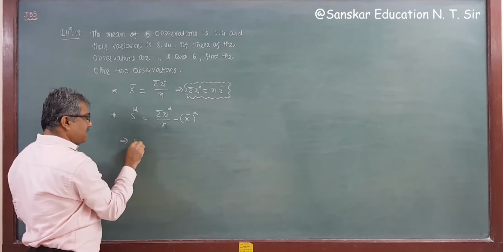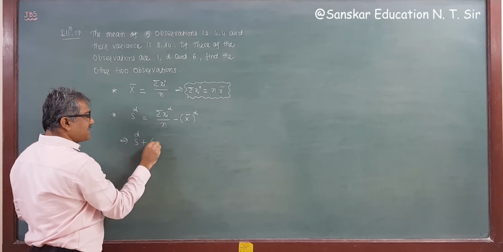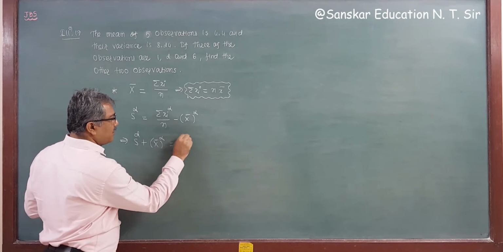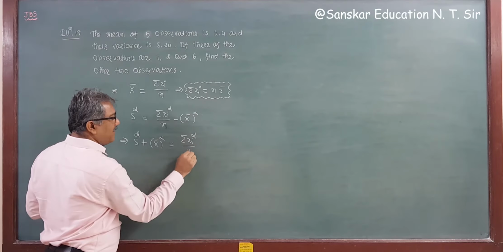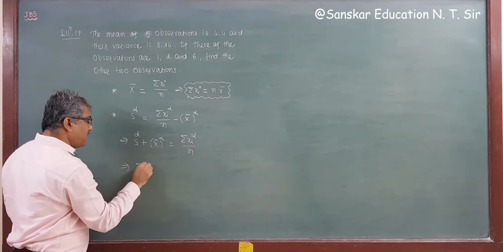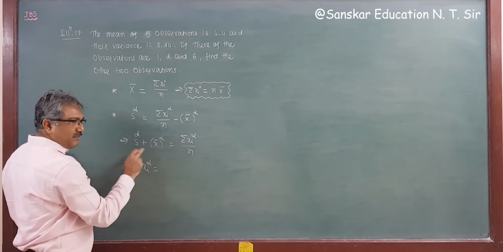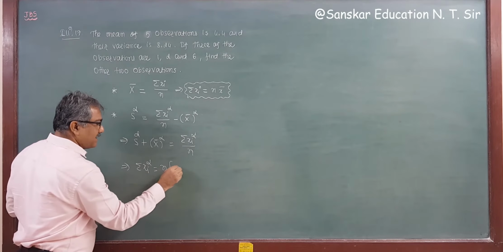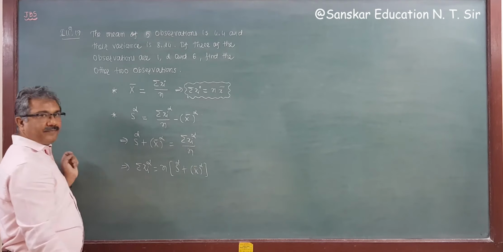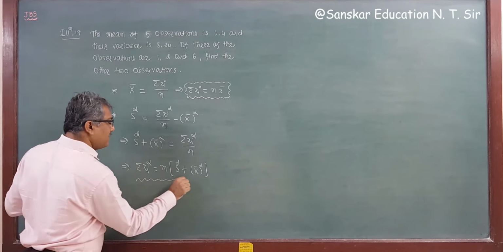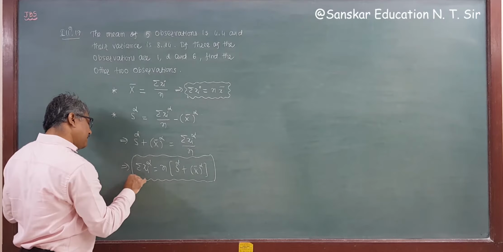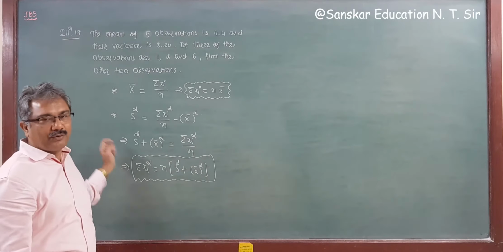So s square plus x bar square is equal to sigma xi square upon n. So sigma xi square is equal to n into bracket s square plus x bar square, right? This is another formula you have to remember, a time saving technique.